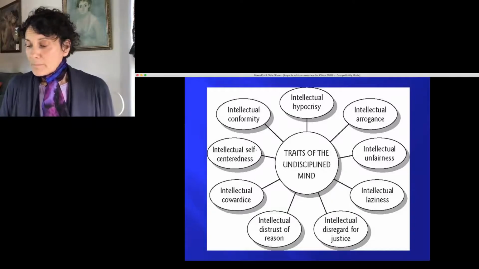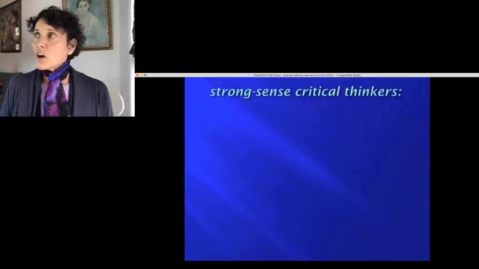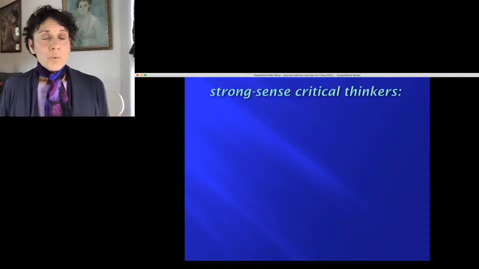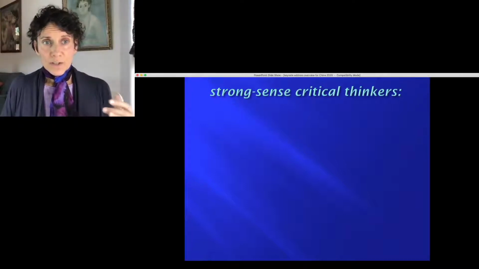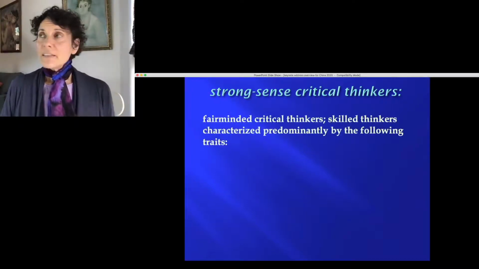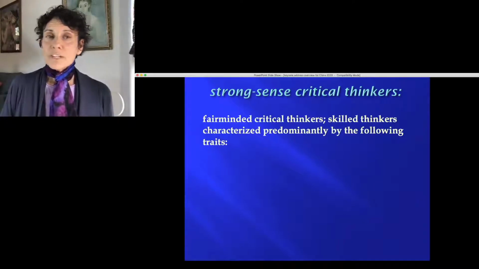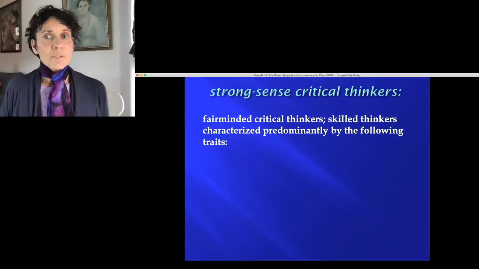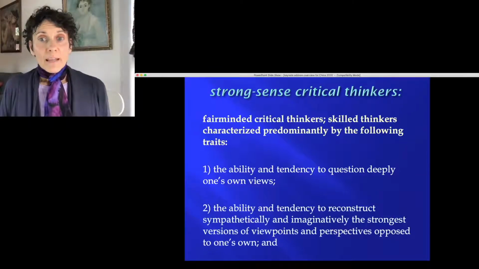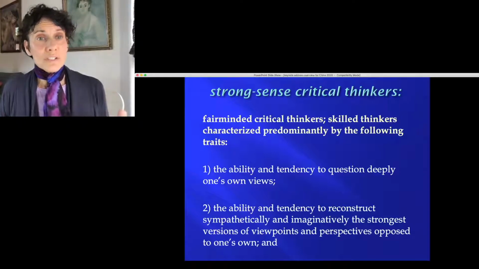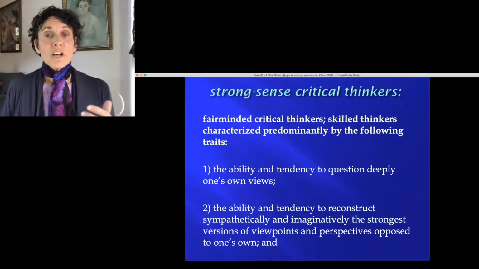So now what we want then in the long run is to develop what our founder Richard Paul termed strong sense critical thinkers, and he coined this term in the 1980s. And by this he means fair-minded critical thinkers, skilled thinkers characterized predominantly by these traits: the ability and tendency to question deeply one's own views, and to reconstruct sympathetically and imaginatively the strongest versions of viewpoints and perspectives opposed to one's own.